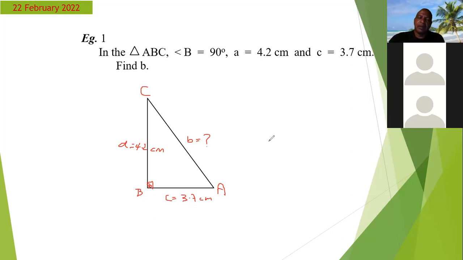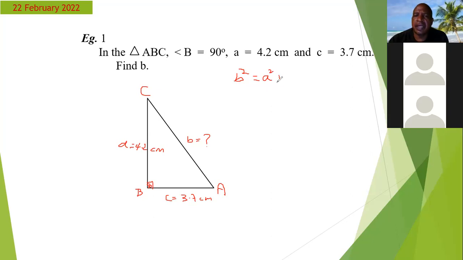So in this case, if you were to write the Pythagoras theorem formula, what would you write as a formula? So the formula would be b squared equals a squared plus c squared.